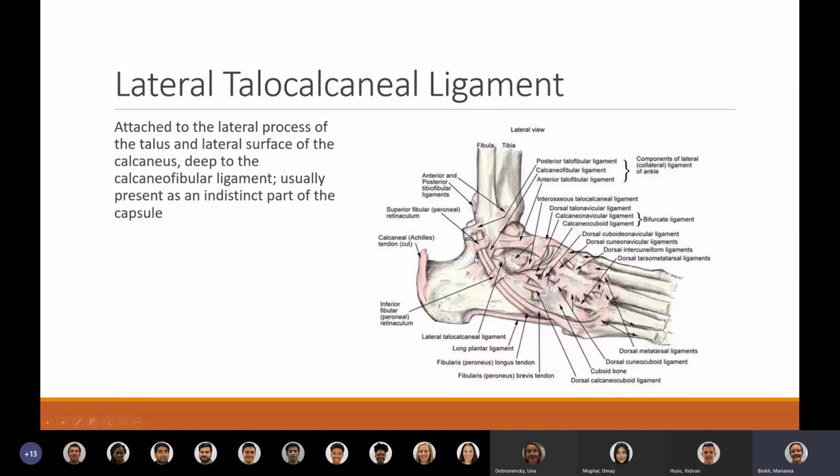Another important thing to note, I will reiterate it, is that the lateral collateral ligaments, with the exception of the calcaneofibular ligament: in surgery, you can actually see the calcaneofibular ligament as a distinct entity. I would describe it as a robust fettuccine.